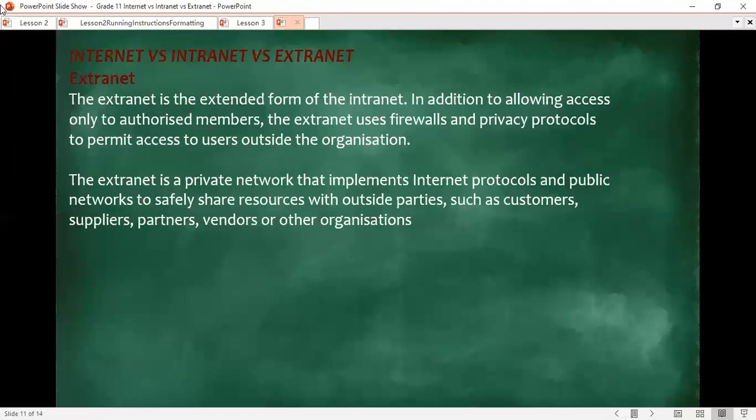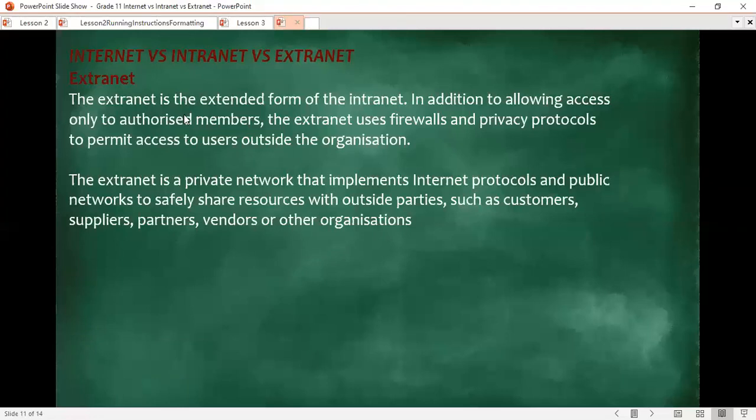Okay, let's continue. We have an extranet here. The extranet is the extended form of the intranet, in addition to allowing access only to authorized members. The extranet uses firewalls and protocols to permit access to users outside the organization.